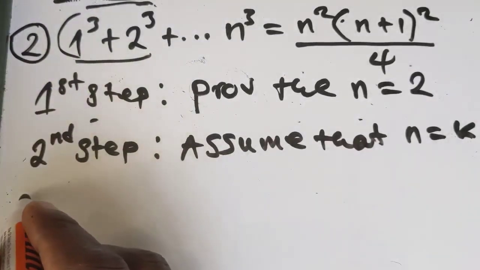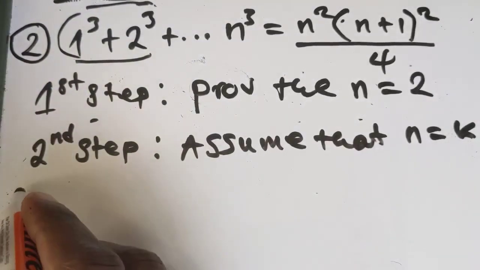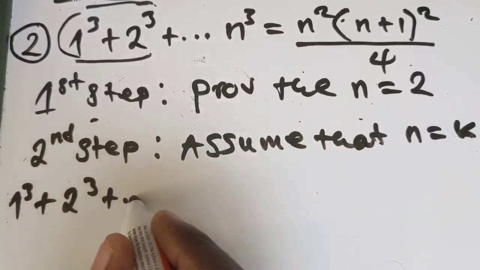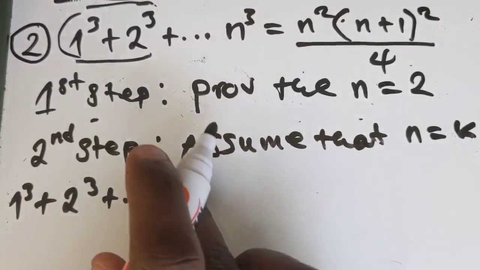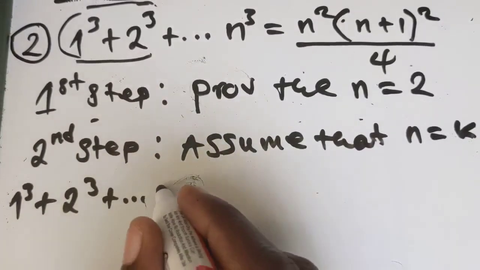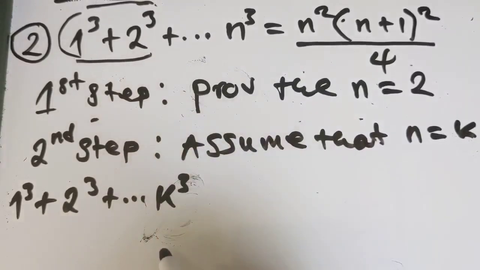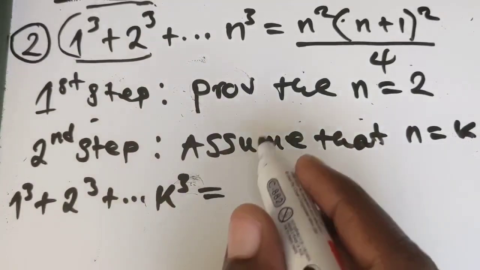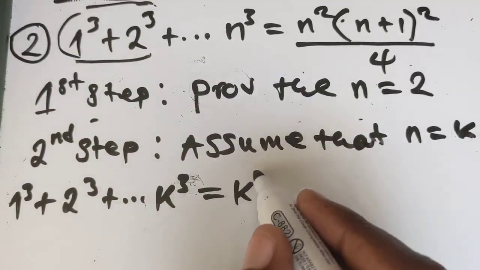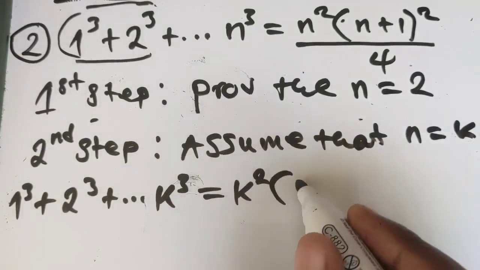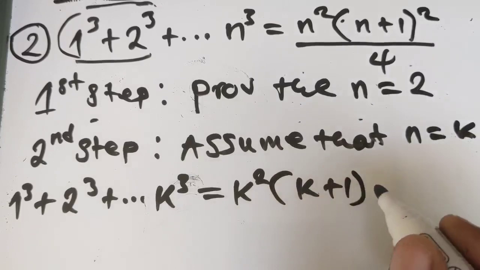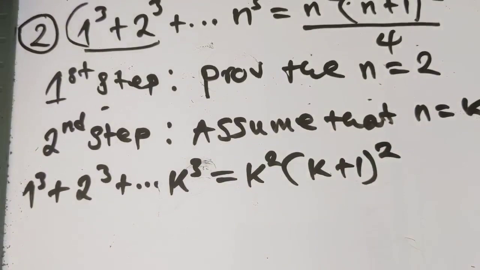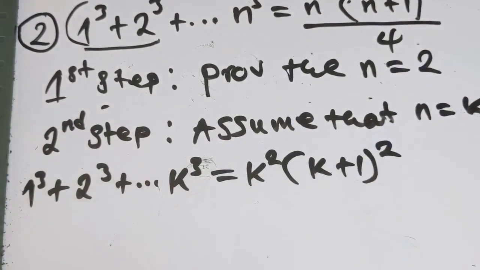So we say 1 to the power 3 plus 2 to the power 3 plus k to the power 3 is equal to k to the power 2, open bracket, k plus 1 to the power 2, over 4. That is how we assume.